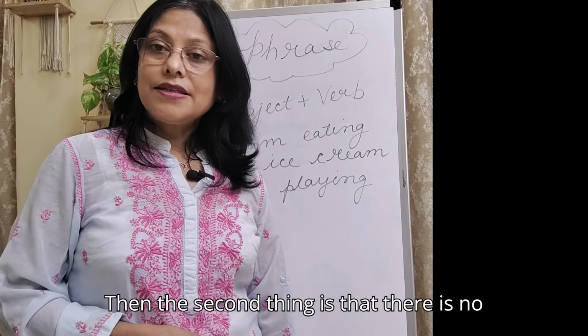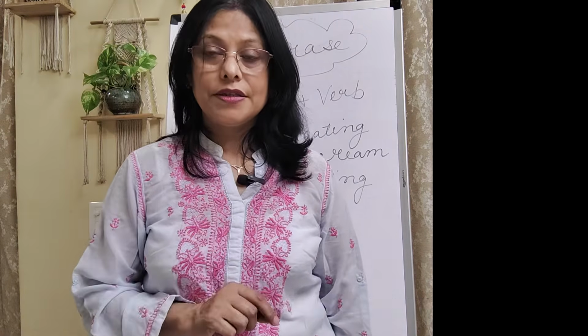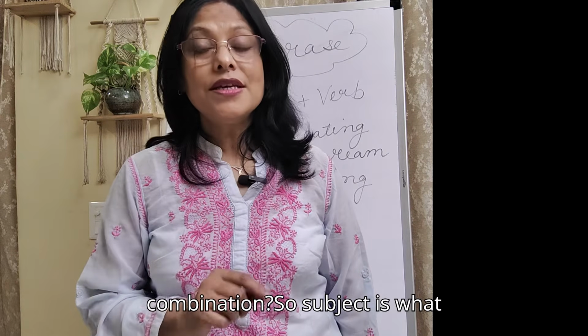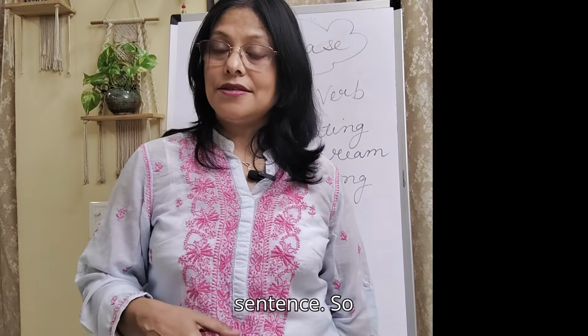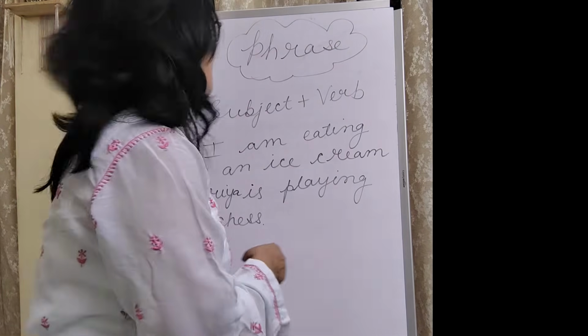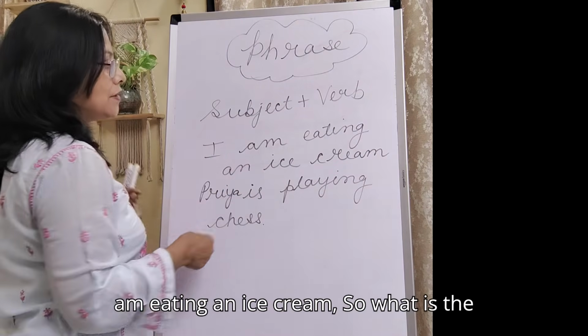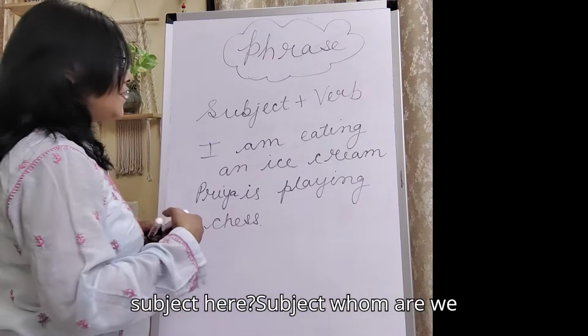Then the second thing is that there is no subject and verb combination in a phrase. Now what is a subject and verb combination? So subject is what or whom we are talking about in a sentence. So for example, if I say I am eating an ice cream. So what is the subject here? Whom are we talking about?